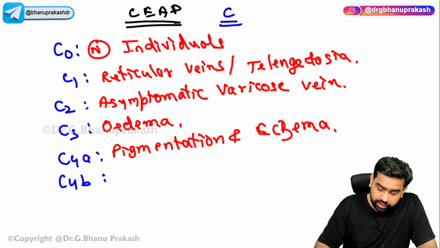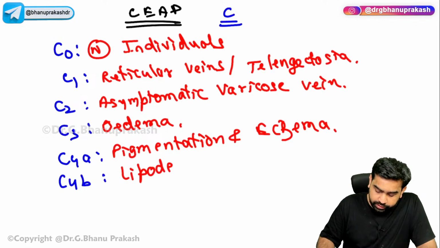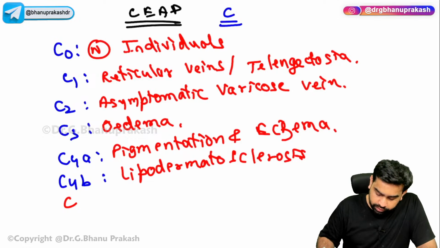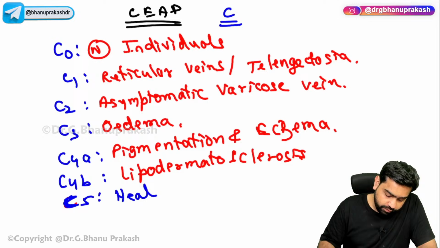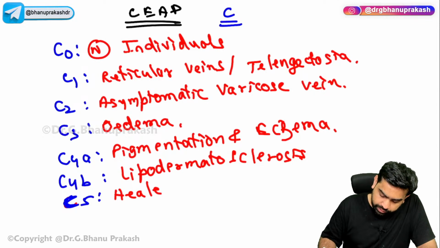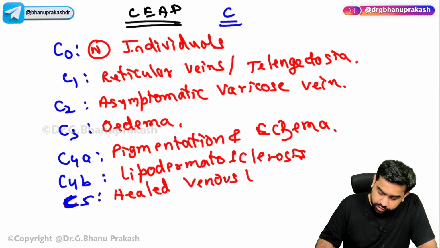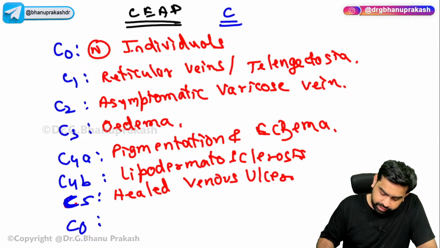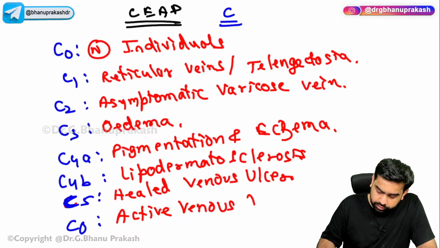In the C4B, we have lipodermatosclerosis. Then we have C5. In the C5, we have a healed venous ulcer. And in the C6, you basically have an active venous ulcer.